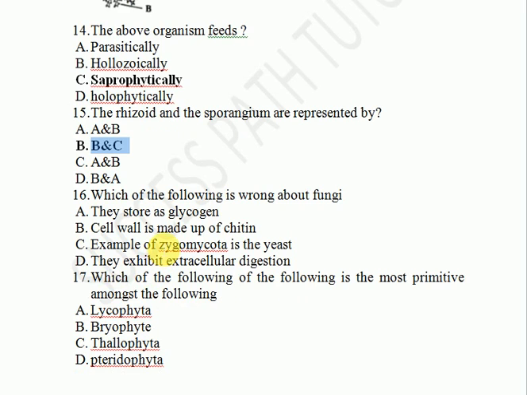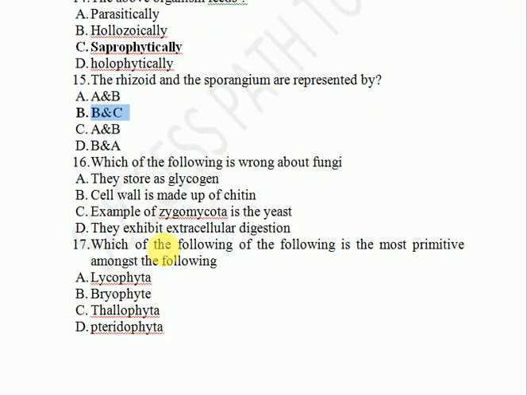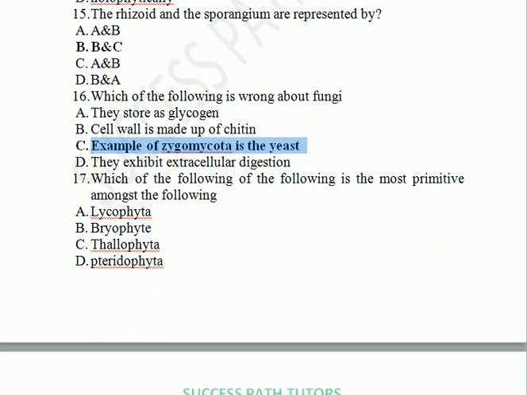Cell wall is made up of chitin, that's correct. Example of Zygomycota is the yeast. They exhibit extracellular digestion, that's correct. Example of Zygomycota is not yeast, it is rhizopus. Yeast belongs to Ascomycota. So all of these are correct except for C.